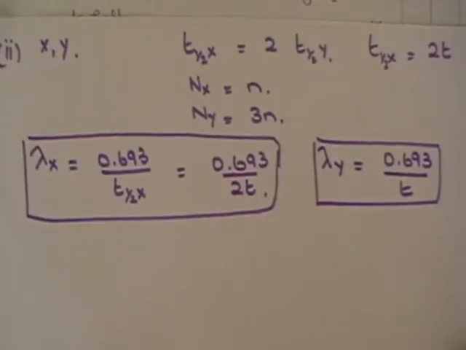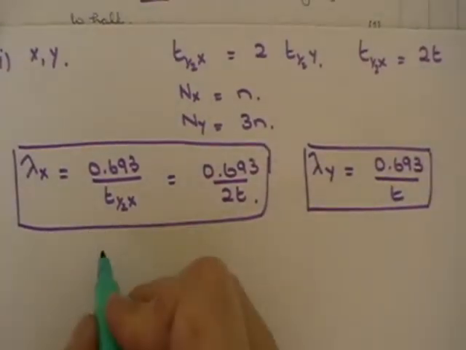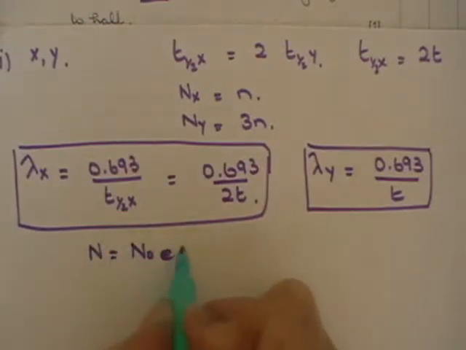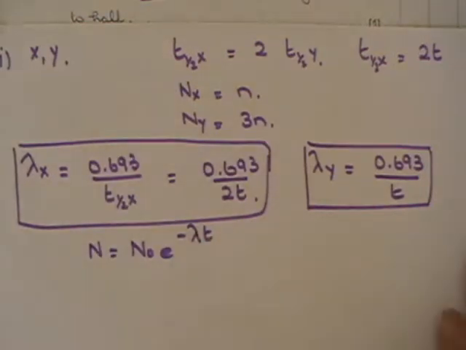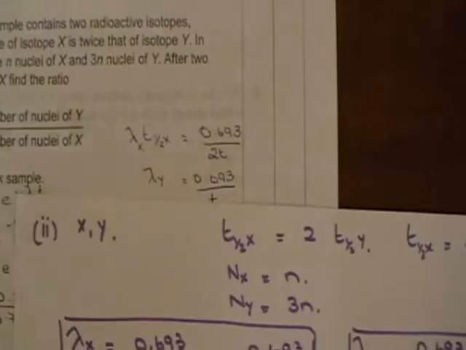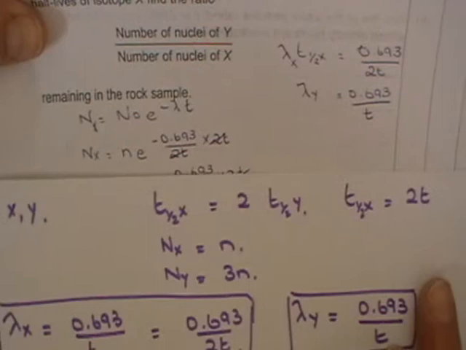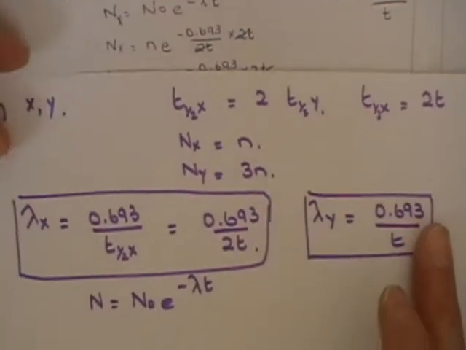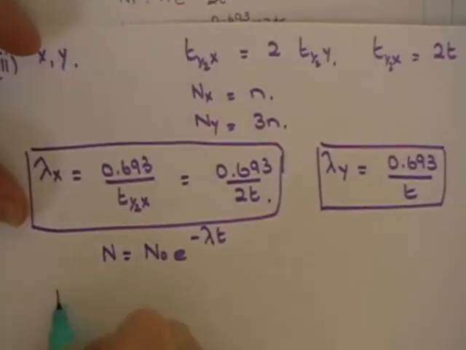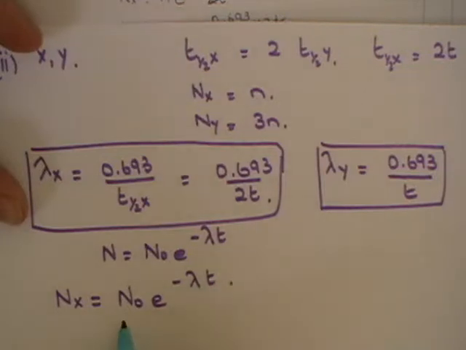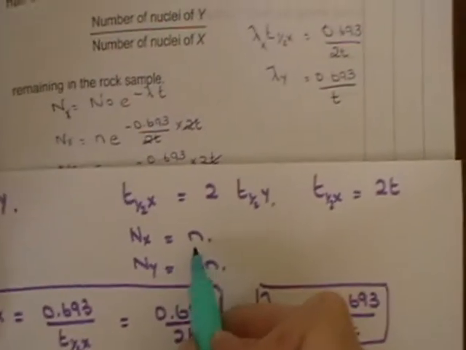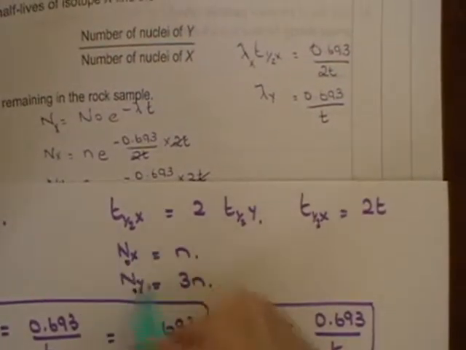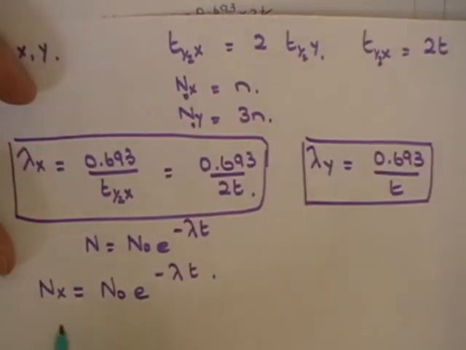And then the next thing I'm going to do is write down N equals N naught e to minus lambda T. For Nx, so Nx is equal to N naught e to the minus lambda T. But the N naught for Nx started out as N. I should have put in a little naught there. And so I'm going to rewrite that again.